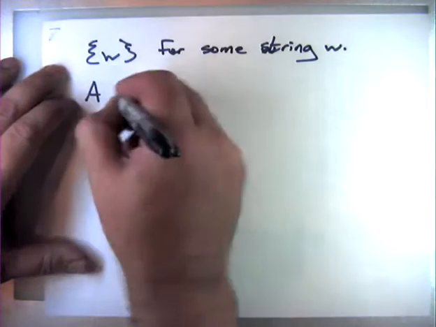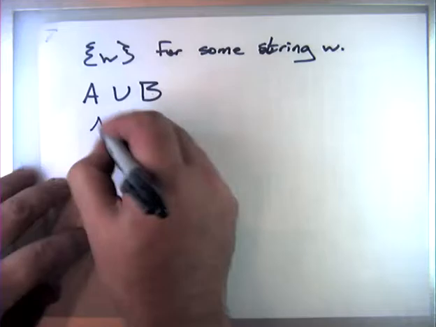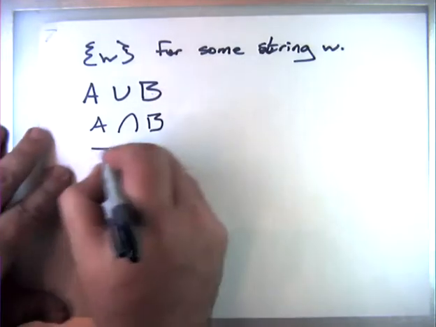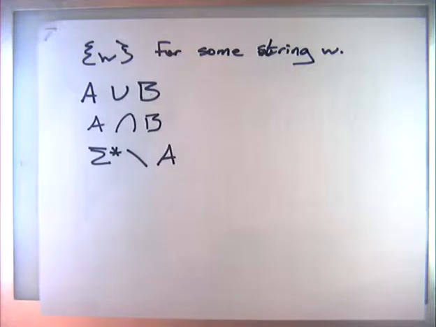And then if A and B are languages, then we can talk about the union of those languages, or the intersection, or the complement, meaning everything in sigma star except the things in A.